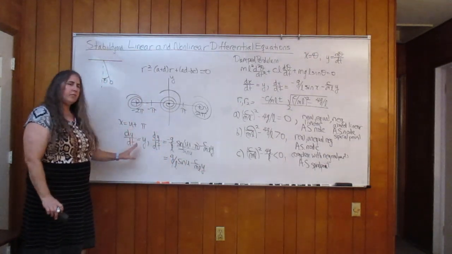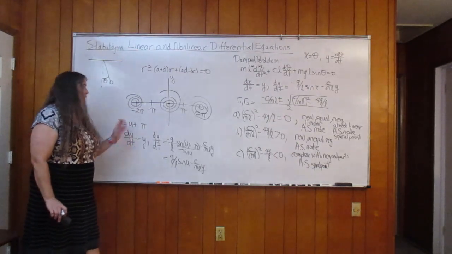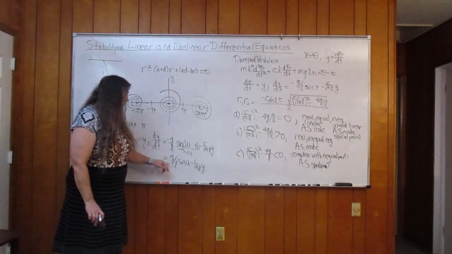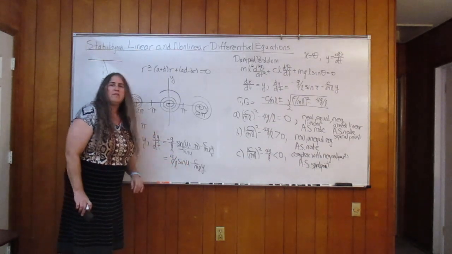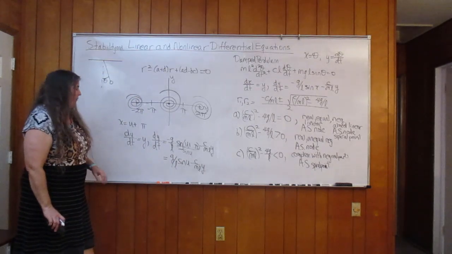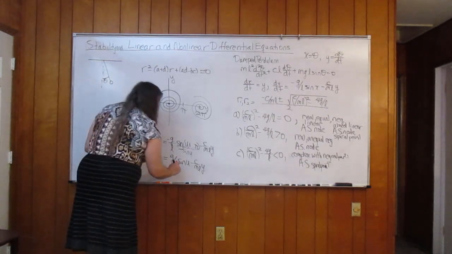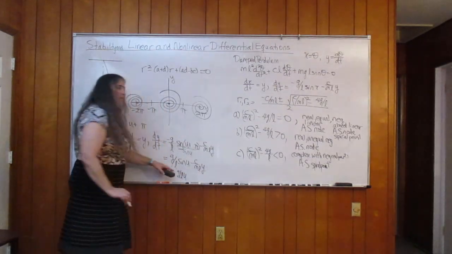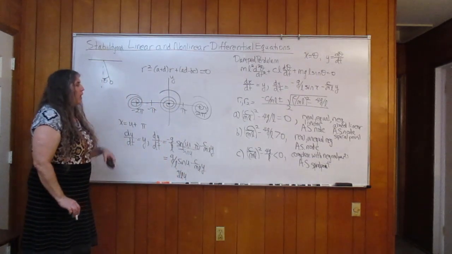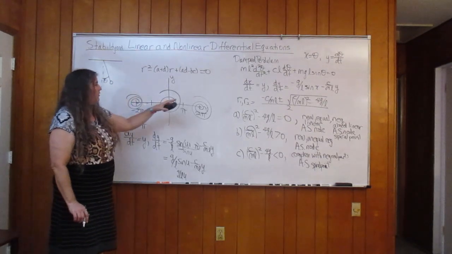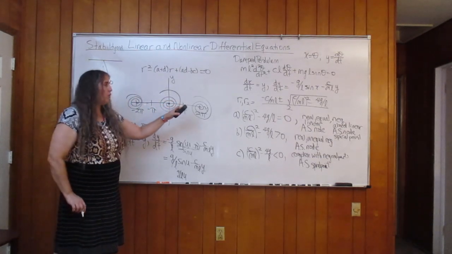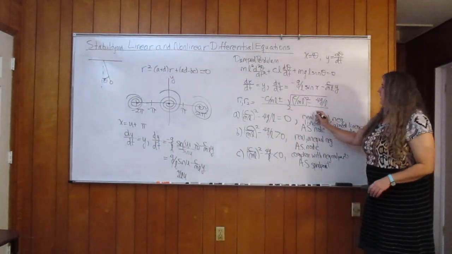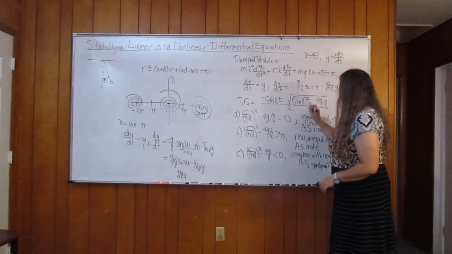So now my autonomous system is going to be du by dt is equal to y, and dy by dt is equal to g over L sine u minus c over ml y. So I'll need to linearize this equation, and that'll be positive g over L u. When I write down the roots of the characteristic equation, instead of this being a minus sign, it's actually going to now be a plus sign.